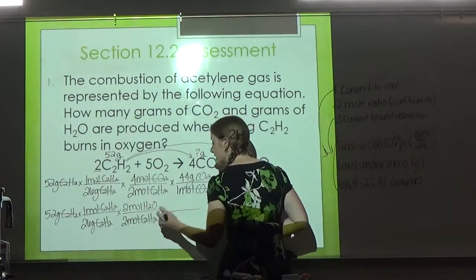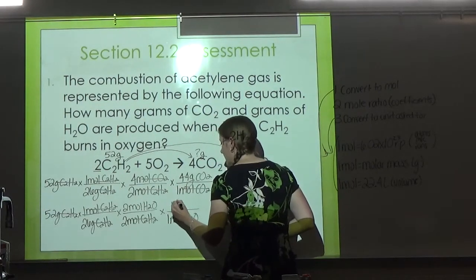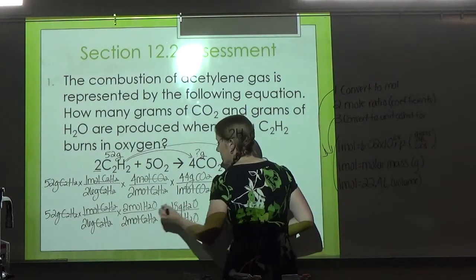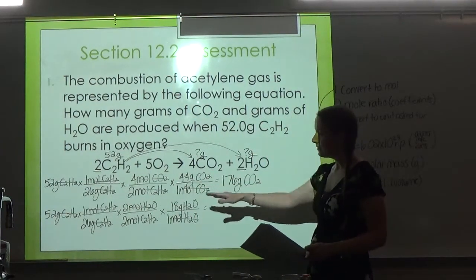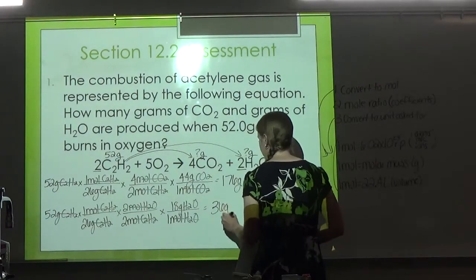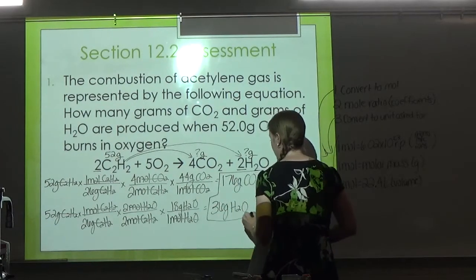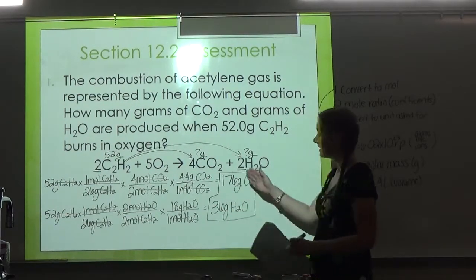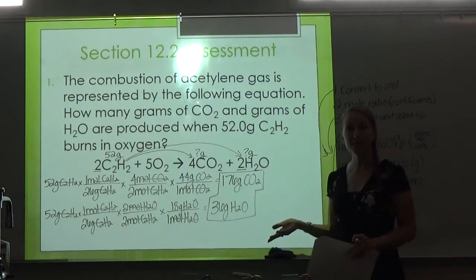So because mole is on top, I'm going to put the 1 mole on bottom, and that equals 18 grams. So my moles cancel. So then I just multiply across the top and divide across the bottom. And so when I do that, I get 36 grams of H2O. So this is how much carbon dioxide and water I'm going to get if I burn 52 grams of acetylene.